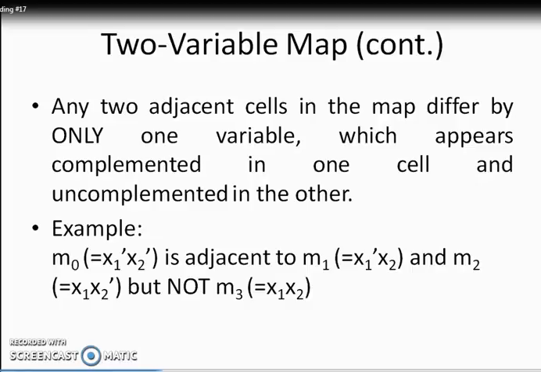And M2 is another adjacent cell for M0. Here, x1 is different, but x2 holds the same value, that is 0, like M0. But M3 is not an adjacent cell, so it contains both the values different. So like that, we are filling up all the 4 cells in a 2 variable map.